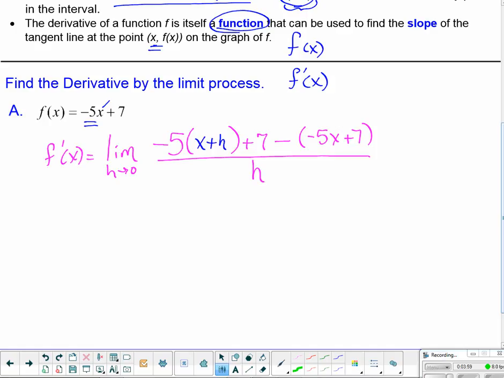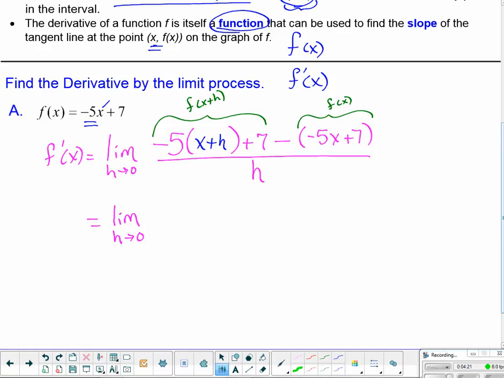If it would be helpful, you may want to just say, as a reminder, this was my function f evaluated at x plus h. Then I subtracted just f of x. So that's where we came up with those terms. From here on out, it's going to be a lot of algebra.